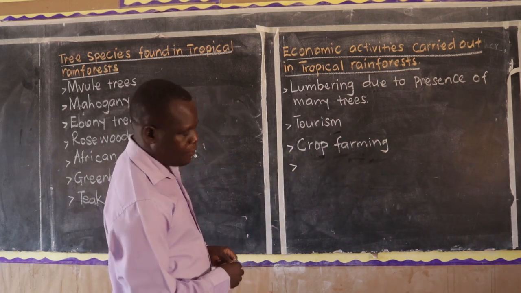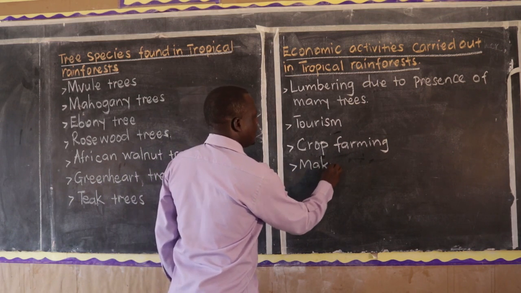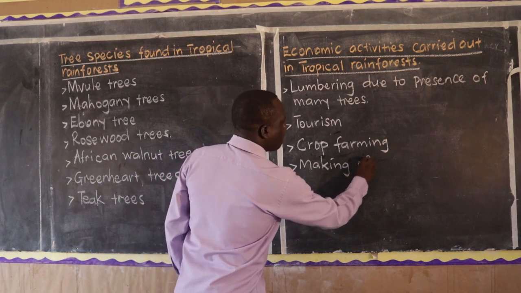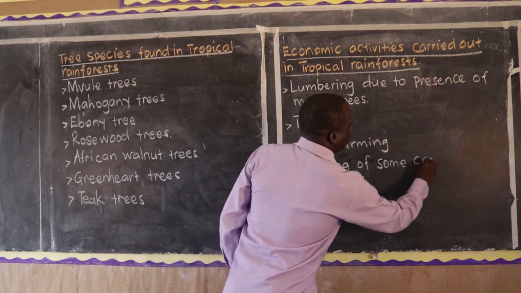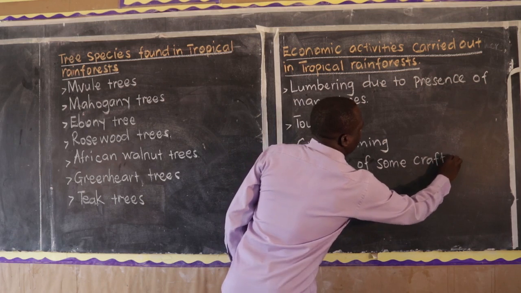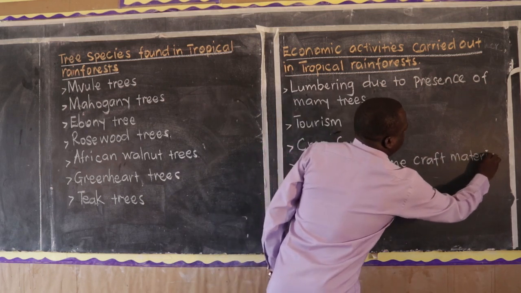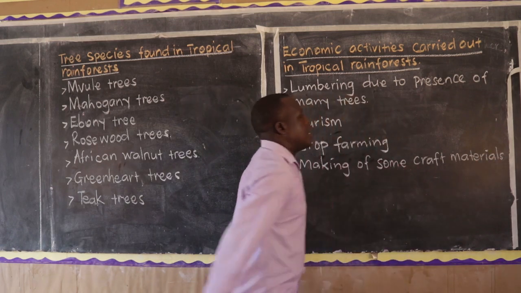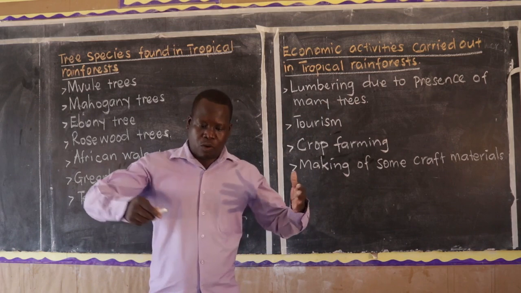We also have another activity that we may end with, and that is the making of some crafts, some craft materials. It is common among the people who live in the Congo forests.